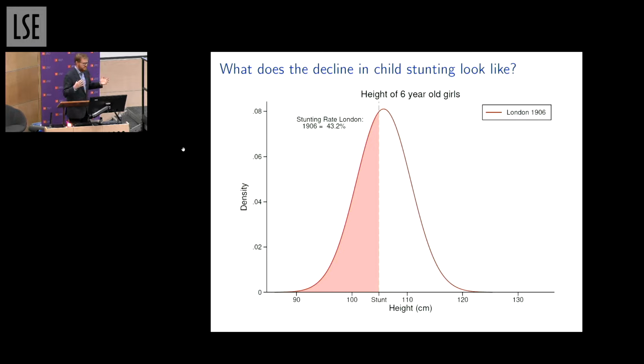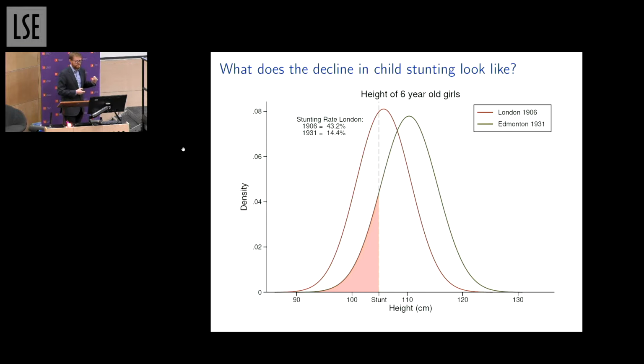Now, what does stunting decline look like? I'm going to talk a lot about how stunting has declined, where it declined, all sorts of things like that. But let me show you what it looked like in London, again using 6-year-old girls as a reference. If we look at girls in 1906 in London, these are school girls, their stunting rate is 43%. Note that they're actually doing worse than the children in the Foundling Hospital.